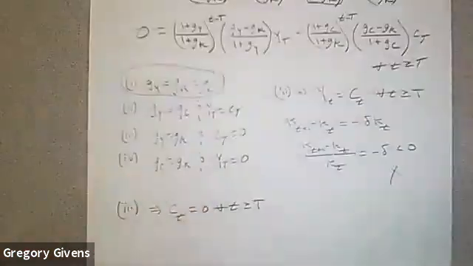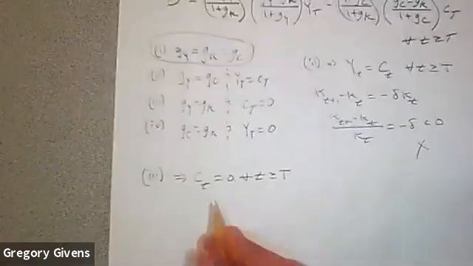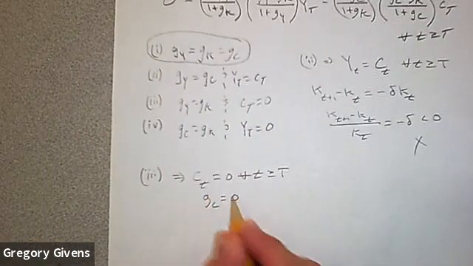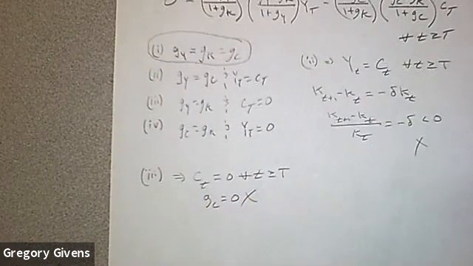And if Ct is 0 forever, that means the growth rate of consumption is 0. But we know that's not true because it has to be positive. So the growth rate of capital has to be positive and the growth rate of consumption has to be positive.